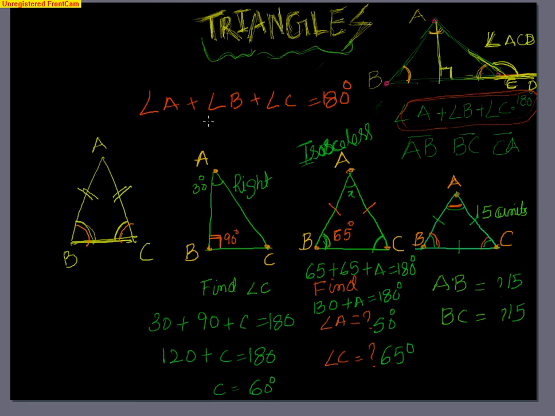Or if one angle is more than 90 degrees, then that triangle is called an obtuse triangle. Then whatever we have understood, we tried to check with small simple examples. So in this triangle we have a right angle, and here we have checked with one isosceles and one equilateral. Also remember, all equiangular triangles are equilateral triangles.